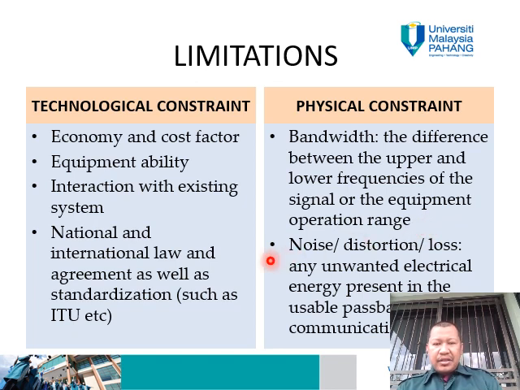The second one in physical constraint is noise, distortion or loss. Any unwanted electrical energy present in the usable passband of the communication circuit. So we might have limitation in terms of noise, distortion, or loss.